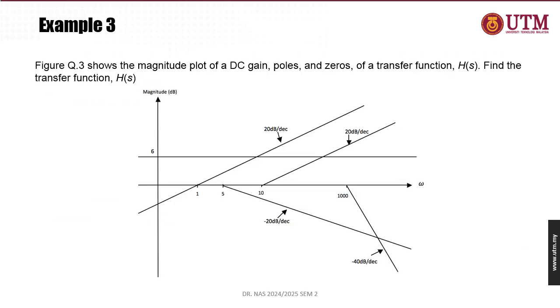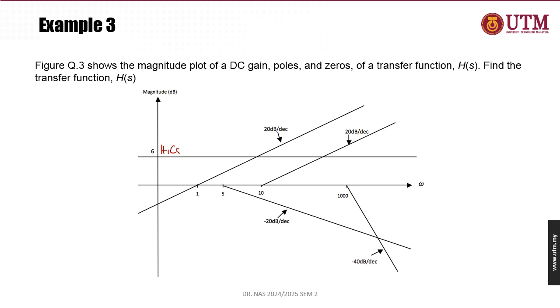Okay, example 3, figure Q3 shows the magnitude plot of the asymptotes, poles and zeros of a transfer function H(s). Find the transfer function H(s). Okay, so in order to do this, you need to deduce the equation for each of the individual components. So as usual, to start with, we consider the constant.